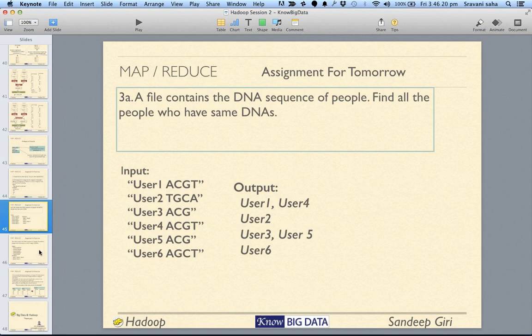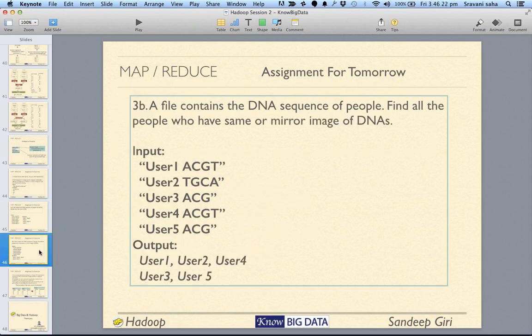Now here, the second problem is, given the same input file of user and the DNA. Right now this sample data is not located anywhere in the file system, but for the problem's sake, the data is located in a database. Right now it's more or less a conceptual problem.